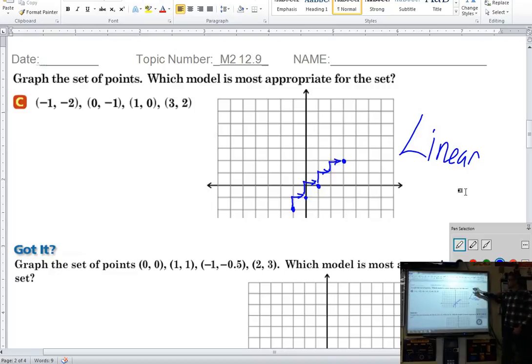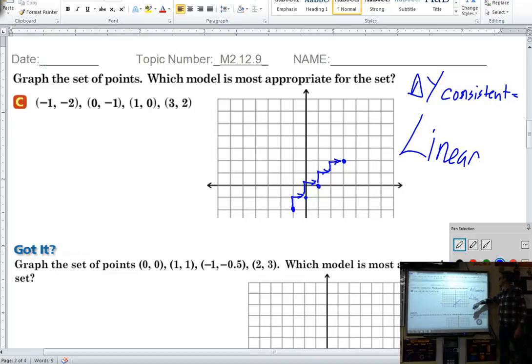When your delta y is consistent, that's linear. When your second difference is consistent, that's quadratic. And when the ratio is consistent, that's exponential.